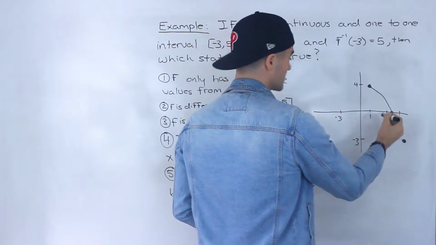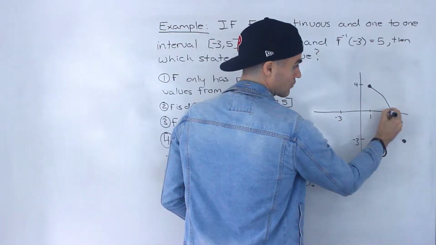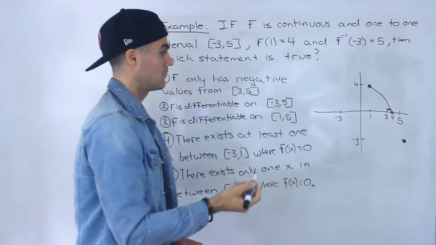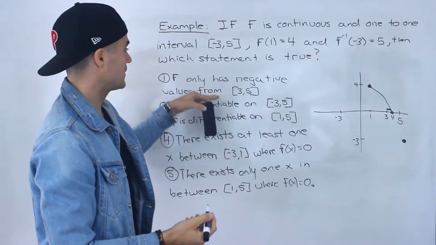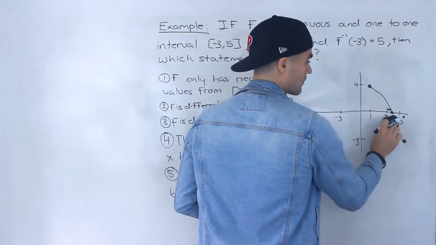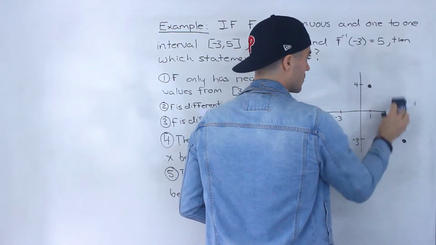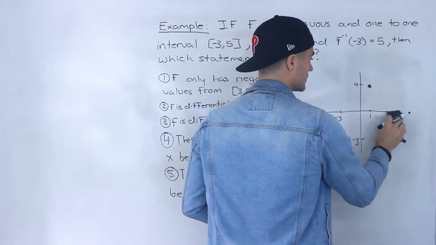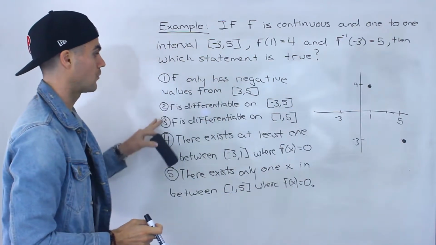Then there would be positive values between 3 and 5. More specifically, between 3 and 4, there would be positive values. So because we don't know when it's going to cross, we can't necessarily say that f only has negative values from the x value 3 to 5.